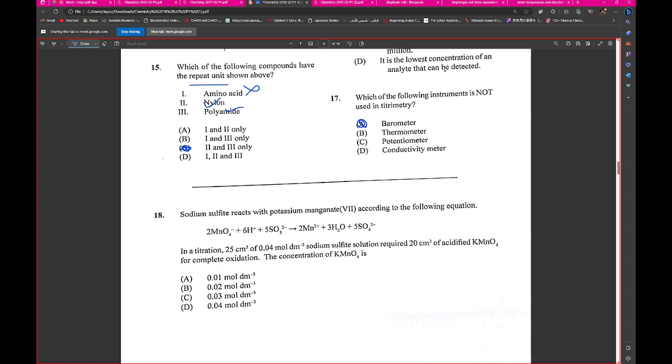So we only have the concentration of sodium sulfite, and those would be the sulfite ions we're focusing on. Would it be a 5-to-2? Well, I don't think that makes sense. But what do you think the ratio is? Is it a 1 to 2.5 ratio between the permanganate and the sulfite?